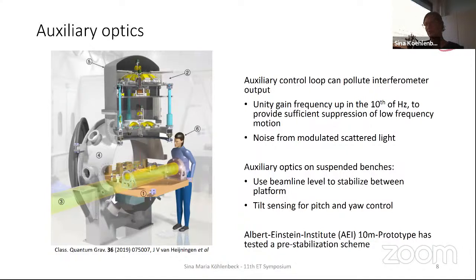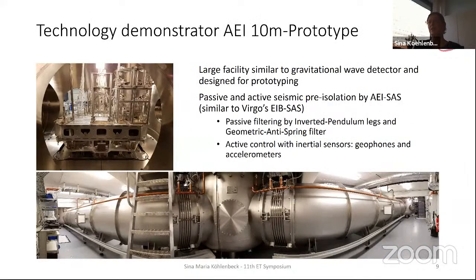And to demonstrate to you that this has been done before already, I have brought this slide from the AEI 10-meter prototype. It's a large facility that is similar to gravitational wave detectors because it's designed to do prototyping for them. And you can see in the bottom a picture of the vacuum vessel. And in the top left corner, you can see what's inside this vacuum vessel.